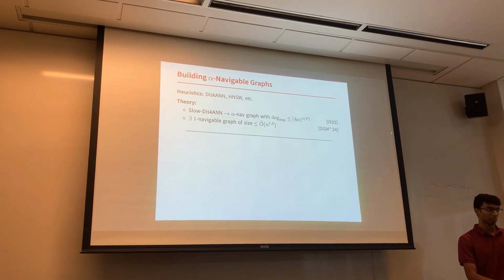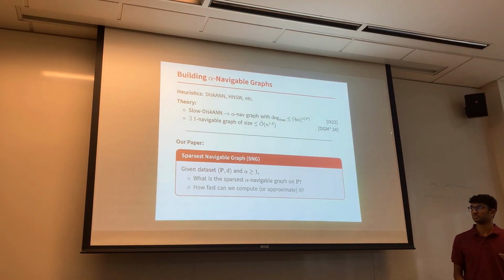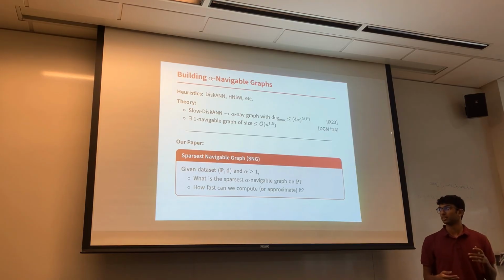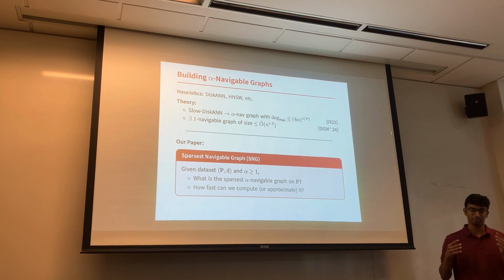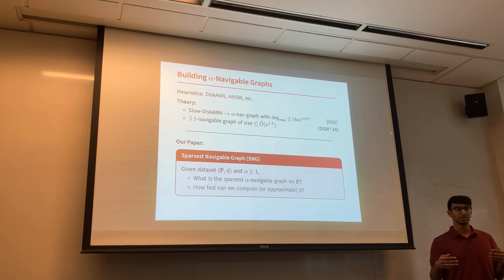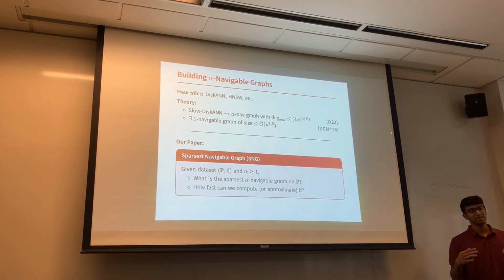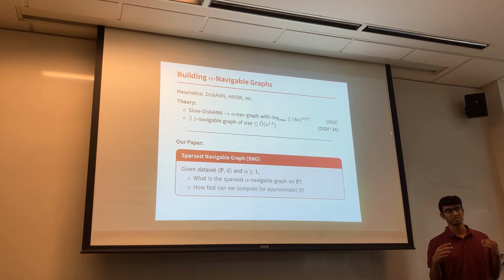So we proposed this problem, the sparsest navigable graph, which is as follows. Let's say that you're given a particular data set as input, and you're also given alpha as input. Can you design an algorithm which builds the sparsest alpha navigable graph for that particular data set? And we're really interested in this trade-off between how fast we can build the graph and how well we can approximate the sparsest navigable graph.